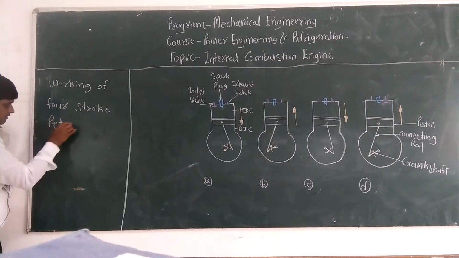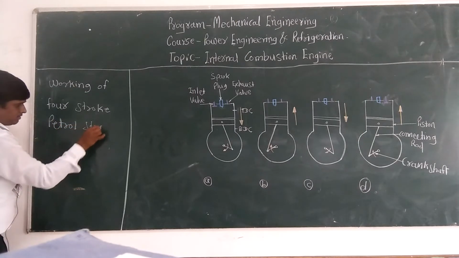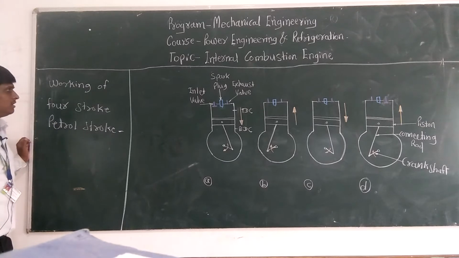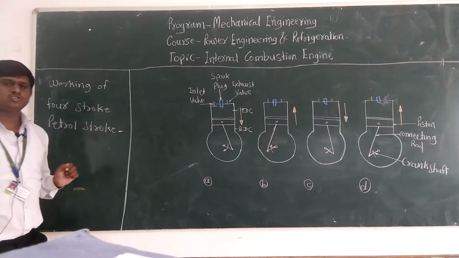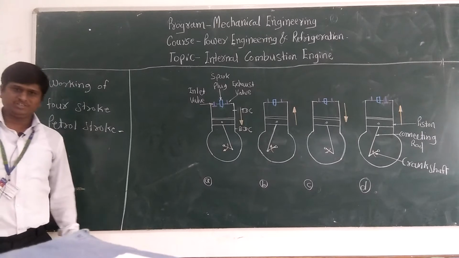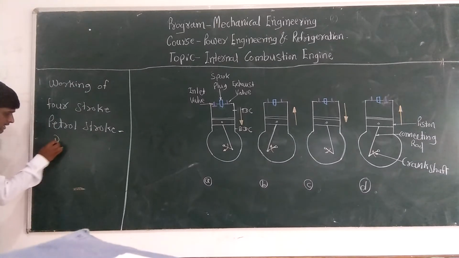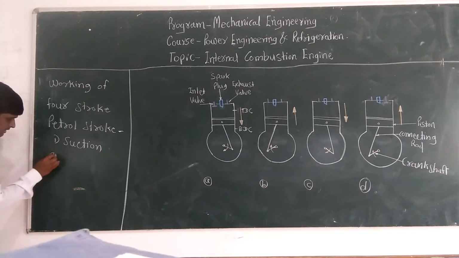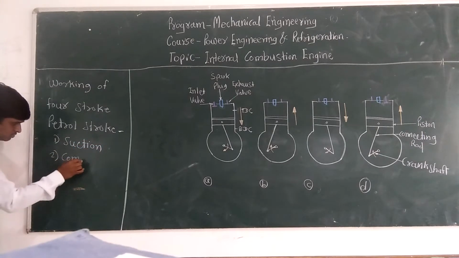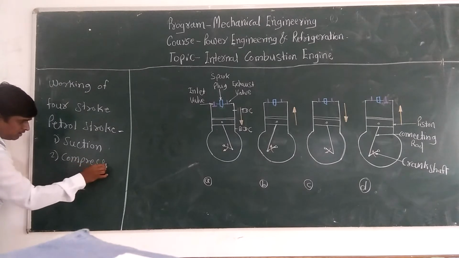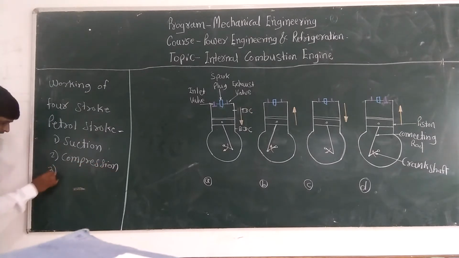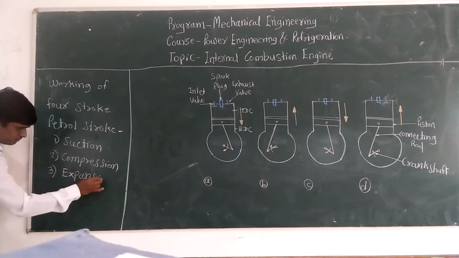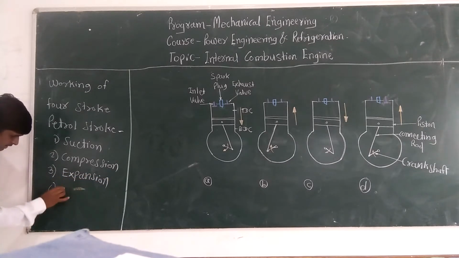There are the following 4 strokes required to complete one power stroke in a 4-stroke petrol engine: the first is the suction stroke, the second is the compression stroke, the third is the expansion stroke, and the fourth is the exhaust stroke.